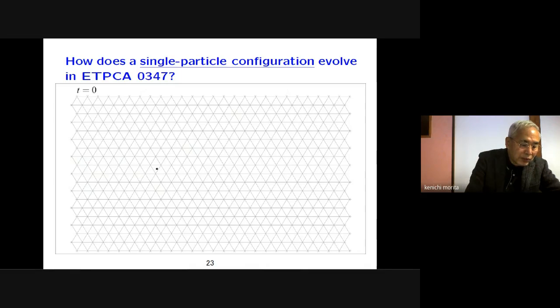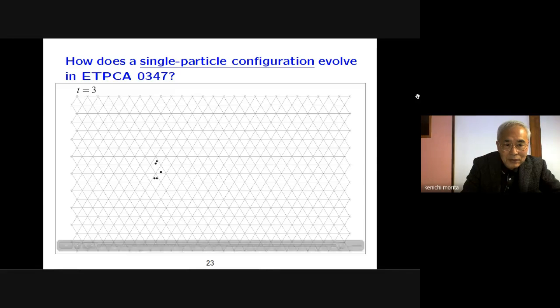Now, we start with a single particle pattern. There is a single particle. Can you see? And watch how it evolves in ETPCA 0347 by a simulation movie. But please note that an animation movie may not be seen smoothly if the network speed is not sufficiently high. Anyway, I started.